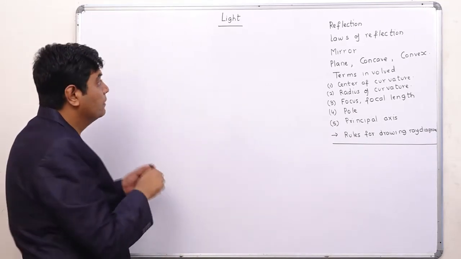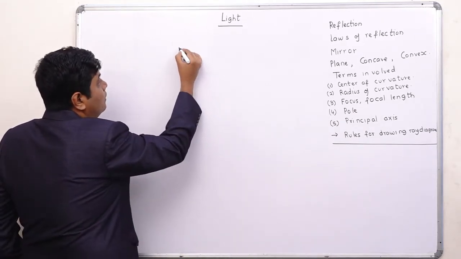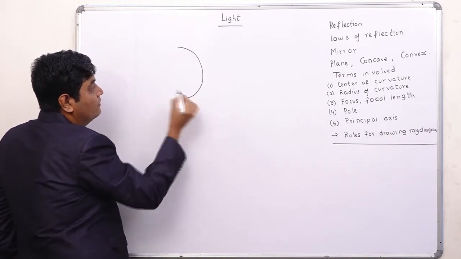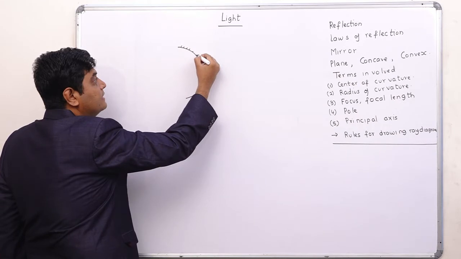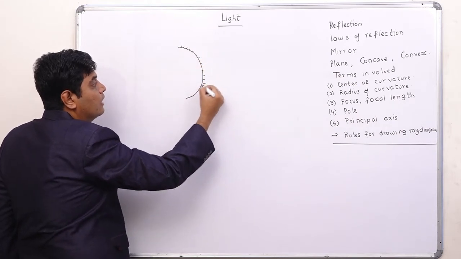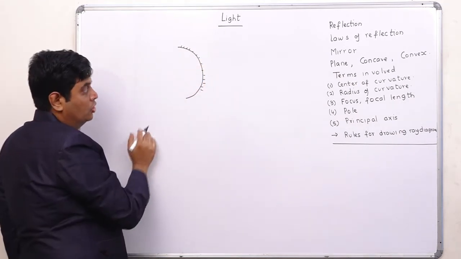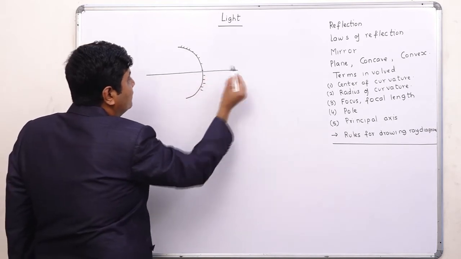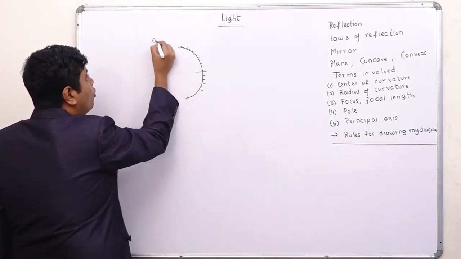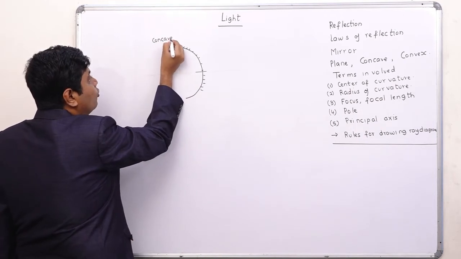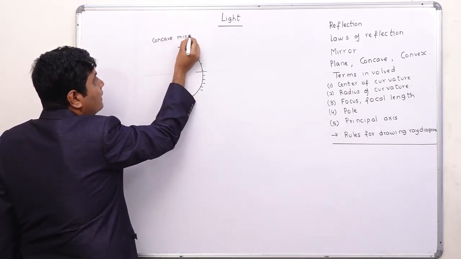For example, this is a curved surface and your reflecting surface is curving inside. Such type of mirror in which the reflecting surface is curving inside is known as a concave mirror.